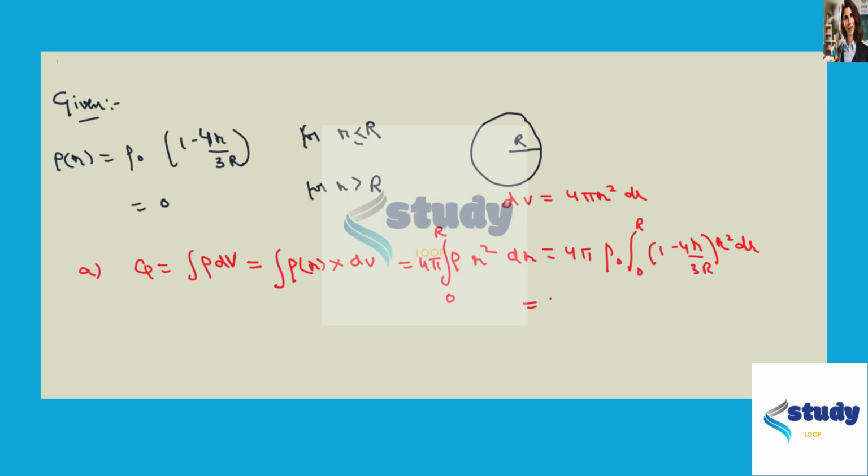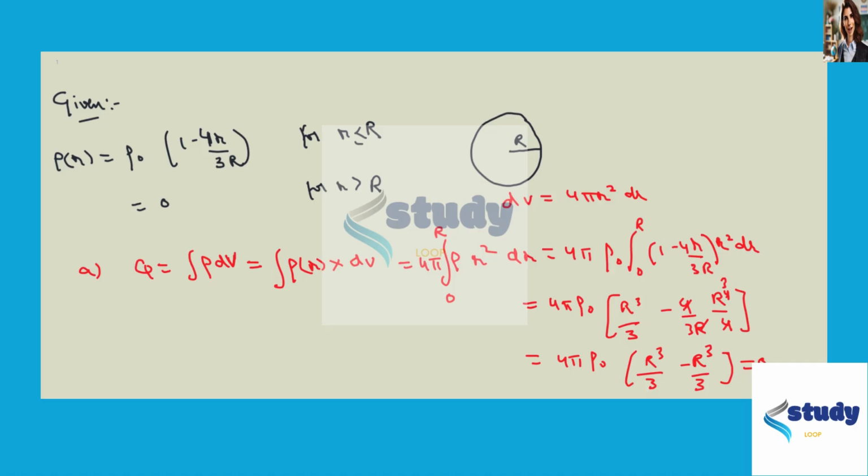Doing the integration we have 4 pi rho naught, R cube over 3 minus 4 R to the fourth over 3R times 4. The 3 and 4 go away, so this comes out to be 4 pi rho naught times R cube over 3 minus R cube over 3, which equals 0.